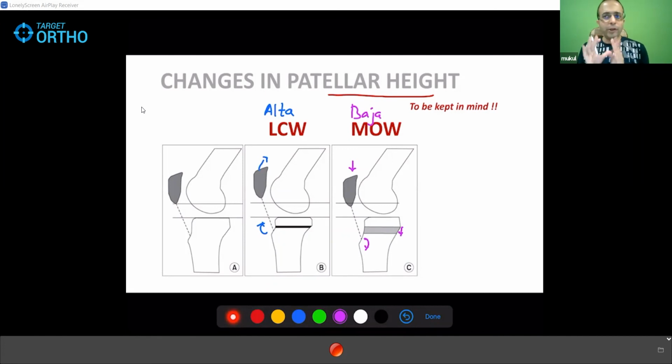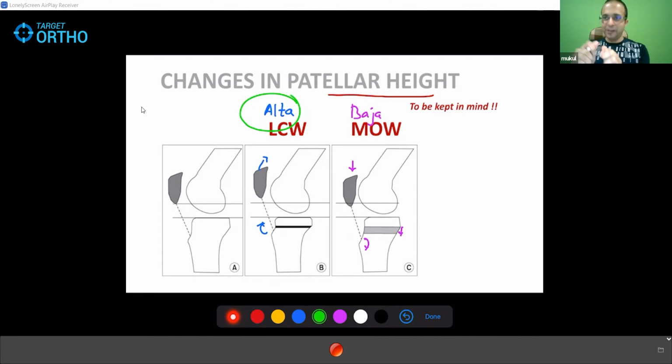Normally, they don't create much problems. If you ask me which is the more problematic version of the two, it is patella alta. Now just understand, when you start flexing the knee, in the first 30 degrees of flexion, patellar centering is maintained by the MPFL.